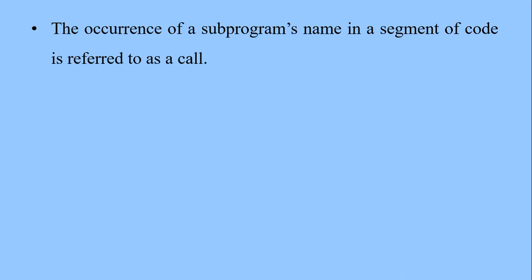The occurrence of a subprogram's name in a segment of code is referred to as a call. In fact, a subprogram's call is written within the main program just like an ordinary instruction, but you just list its name and any arguments that it requires.